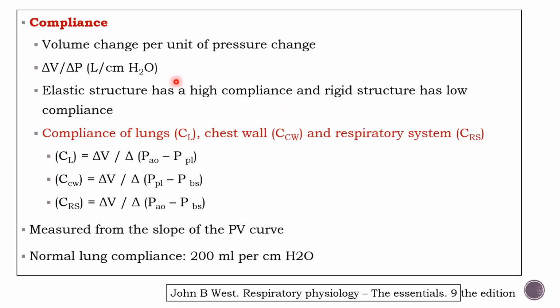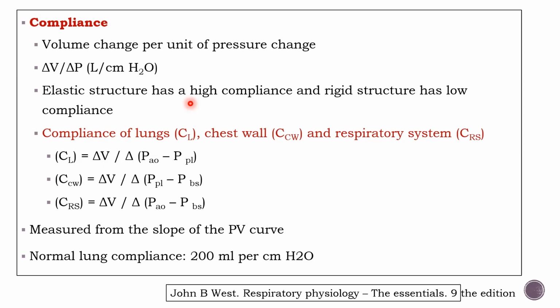You said that elasticity and compliance are opposite. Absolutely. An elastic structure is compliant. Elasticity is different from elastic. Elasticity is a property. Elastic is when you give force and it completely changes its shape. You've given some gum, you've stretched it, that is called elastic. A rubber band is very elastic. Elasticity is different.